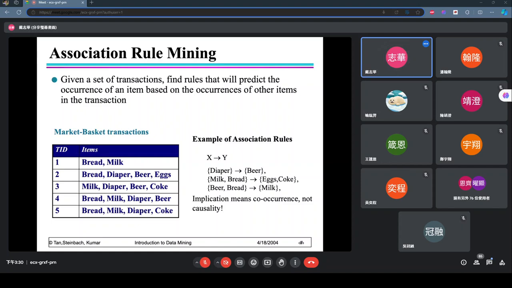It's not that X results in Y. It just means that we observe that the happening of X has a correlation with the happening of Y. But that doesn't mean that X causes Y. Okay? This part is usually misunderstood, so I want to clarify it.